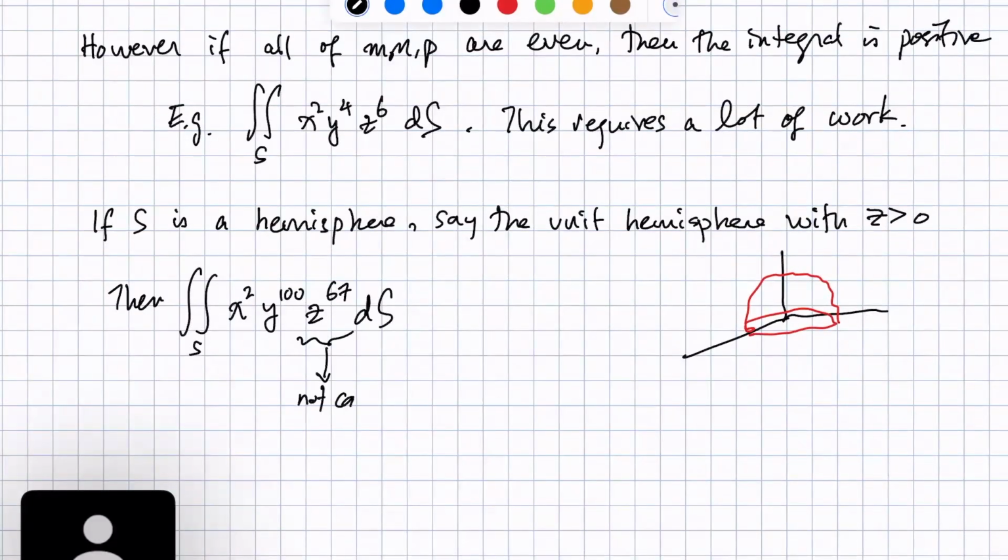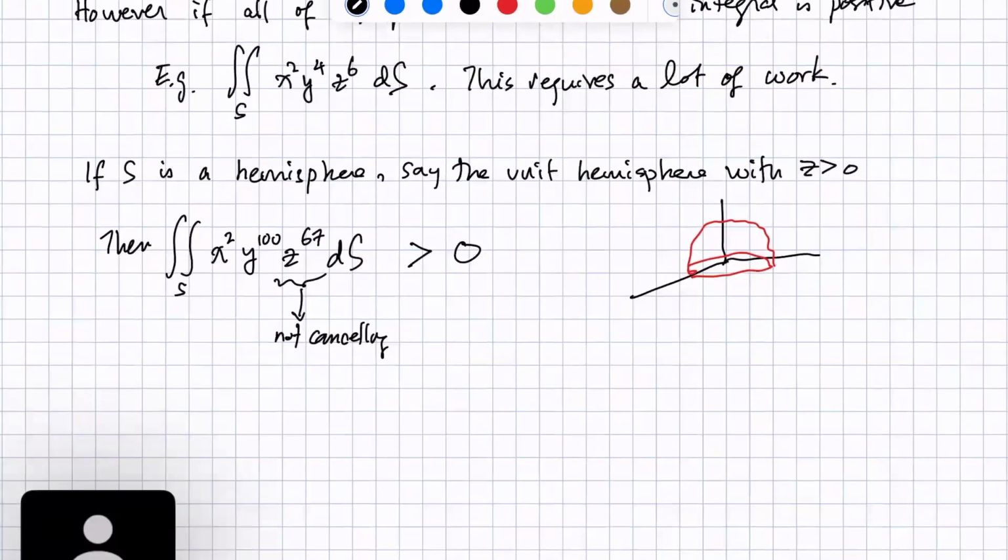It's always positive because of the region. And so this object here is not zero, and it would be really, really difficult to compute this particular one, but you have to be careful not to be hasty and say, oh, odd must be zero. You have to look at the region and what's odd. Okay.